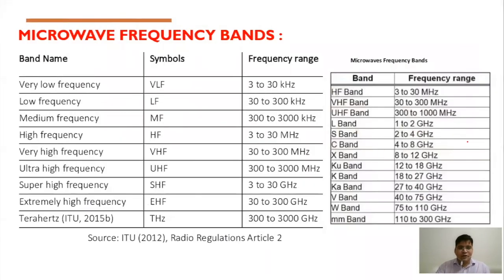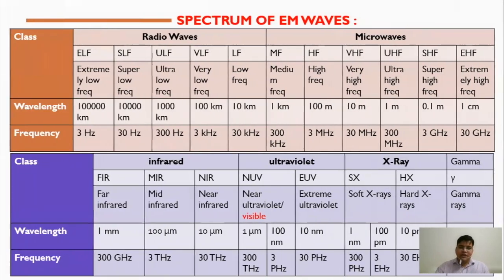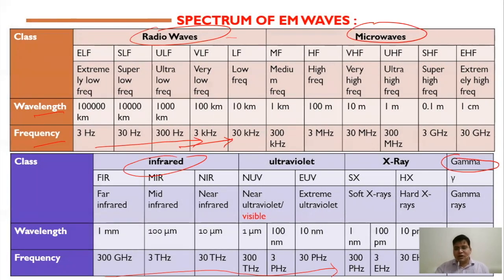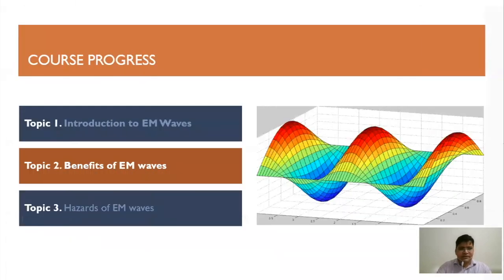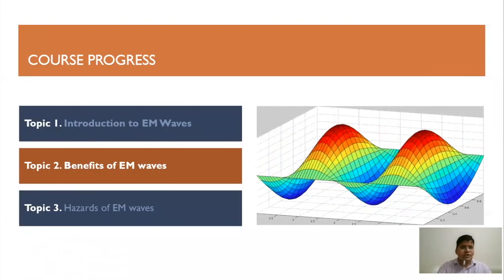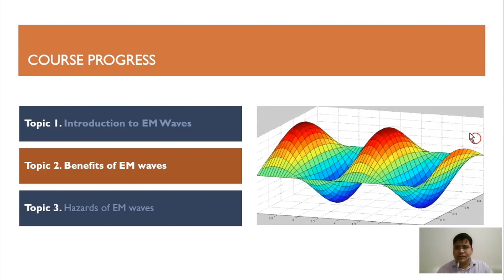Nowadays these waves are also described as ionizing or non-ionizing fields. We will discuss this in the second part, and we will majorly concentrate on the microwave frequency band. We will meet for the next session and start with the next lecture. Okay, next slide.